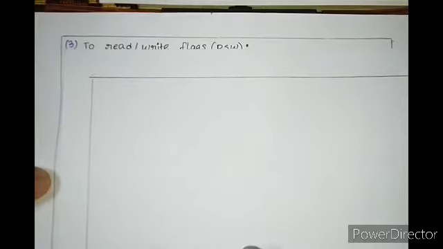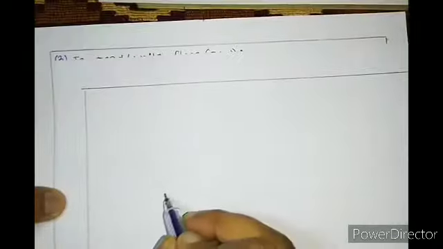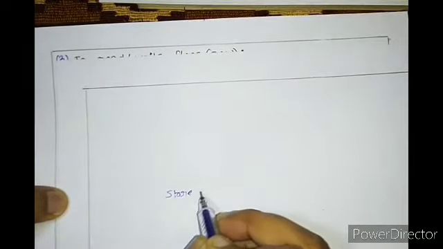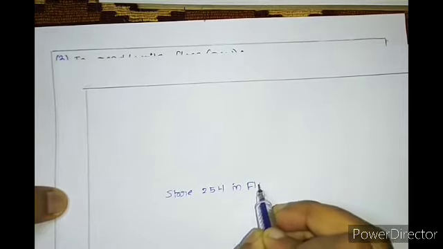The same thing can happen if I was instructed to store value 25H in the flag register. So what is your question? Store 25H in the flag register.